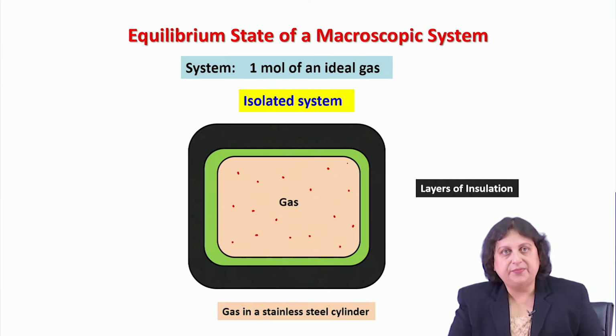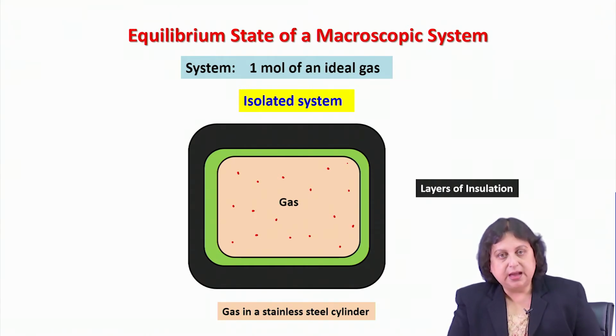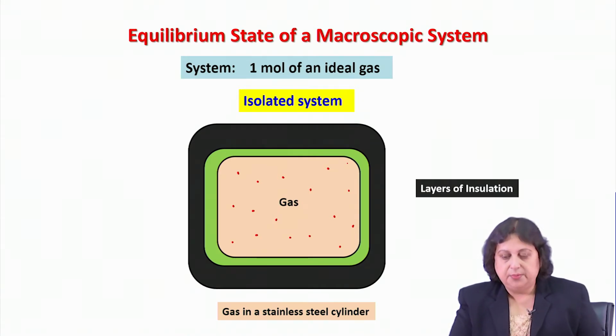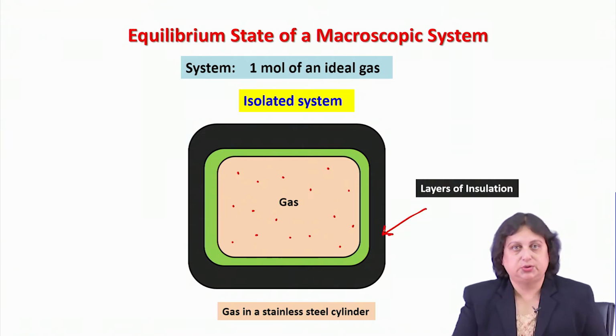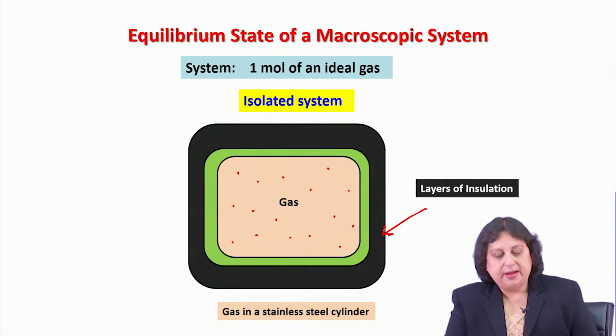Now, after I have made this isolated system, I understand that the gas contained within the cylinder is now surrounded by a wall which is rigid, which is non-conducting because I have put in this layer of insulation as shown here, and therefore I would say that I have an isolated system.